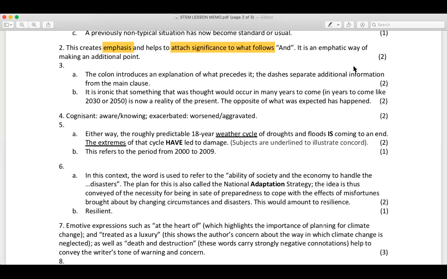Sometimes that information is important, but it's non-definitive. That's why we call it a non-definitive clause. I think I did clauses with grade 10s yesterday when we were talking about something similar to this.